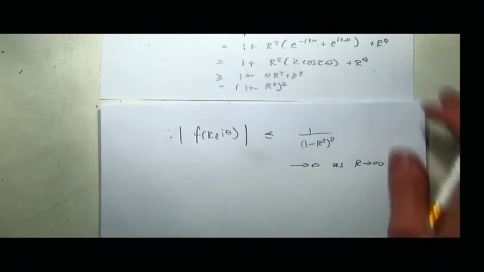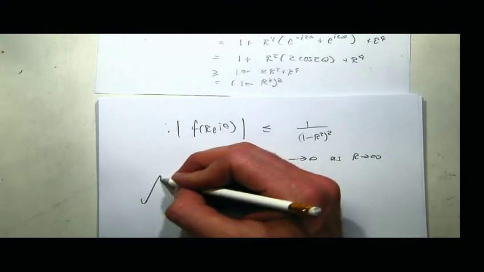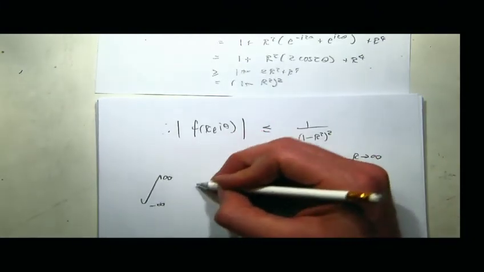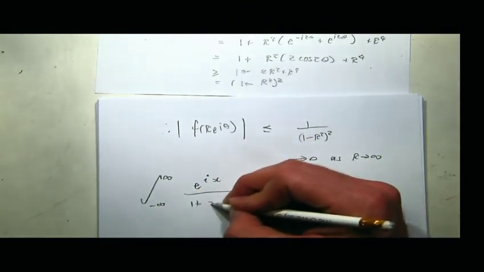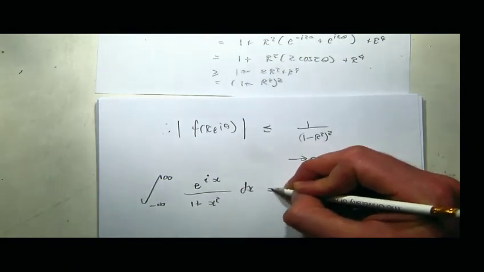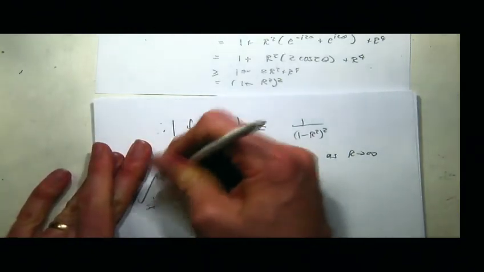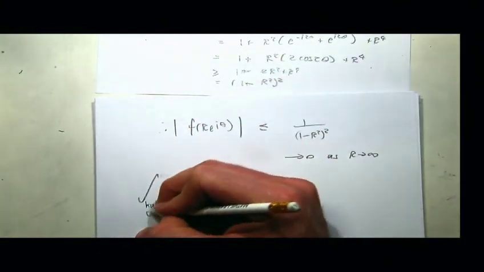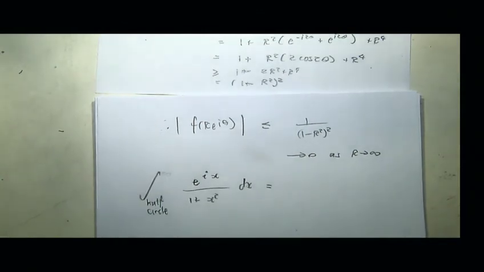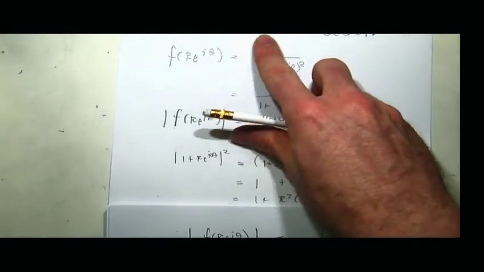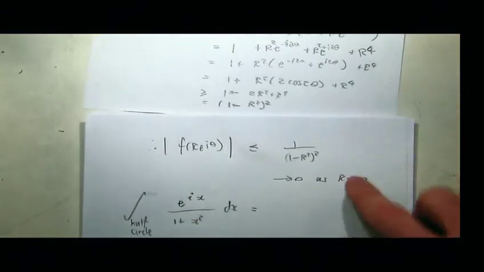So the integral from minus infinity to infinity of e to the I x over 1 plus x squared dx, around the half circle. That's what Jordan's lemma says. You put in z equals r e to the I theta into the part that doesn't involve cos, and you figure out the limit of the length of that as r goes to infinity, and it comes to 0.